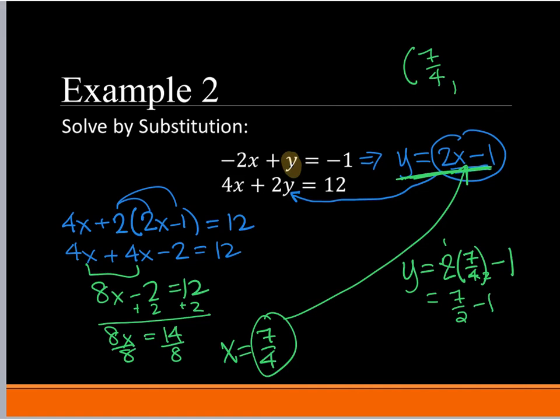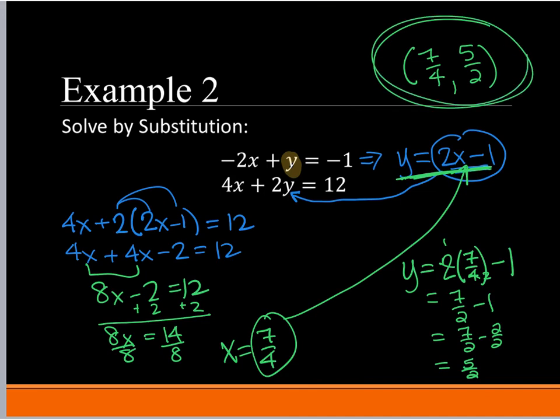And if I get common denominators, I really have 7/2 minus 2 over 2, or I'm left with 5/2 for a y value. So I'm going to plug my 5/2 in up here. And this coordinate point right here is the solution to this system of equations.